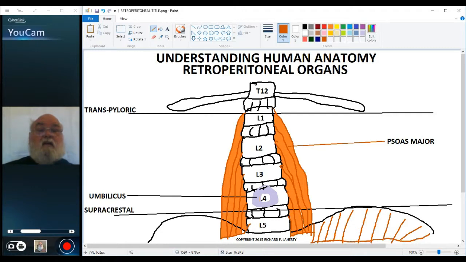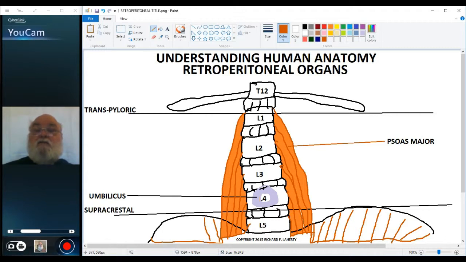Again, I'm going to cut it off because its insertion is along with psoas major onto the femur.